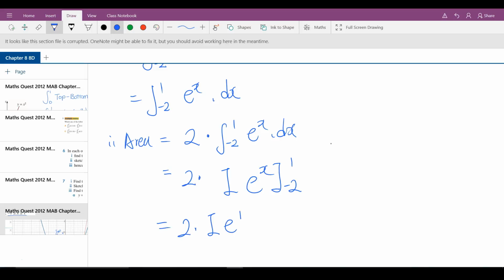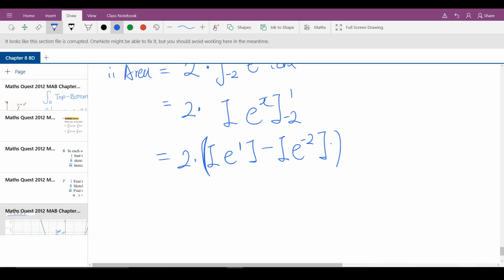So e to the 1, minus, let's put a big bracket here as well, minus e to the power of -2. And that gives us, we have to use the calculator here.